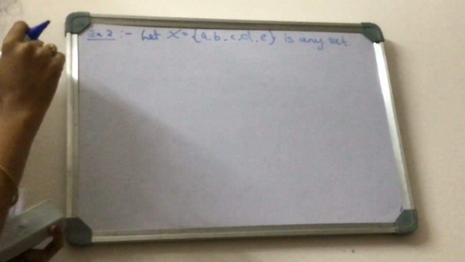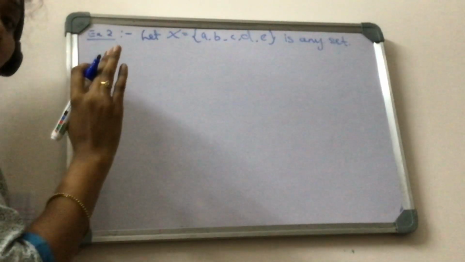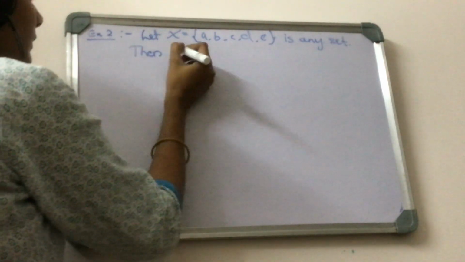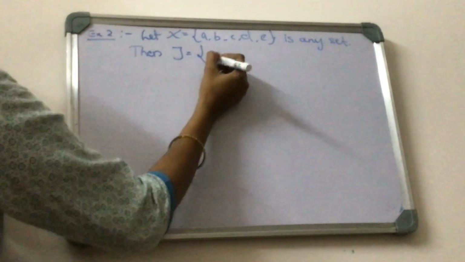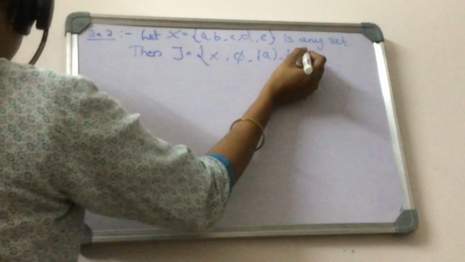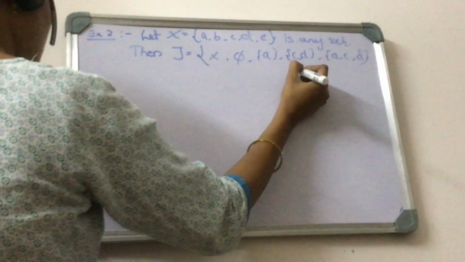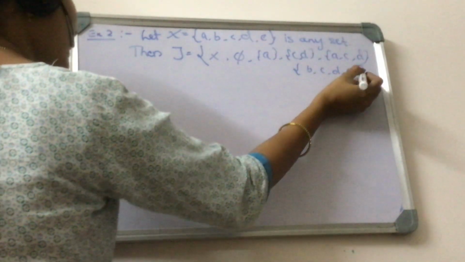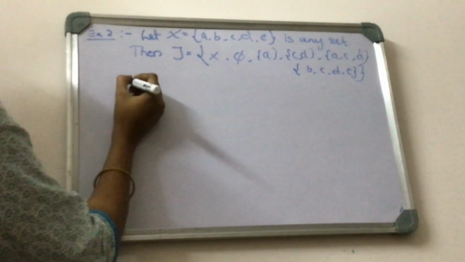If there is at least one element, it is non-empty. Then tau is equal to, tau is what? {X, phi, A, CD, ACD, BCDE}. These are the collections of subsets of X.